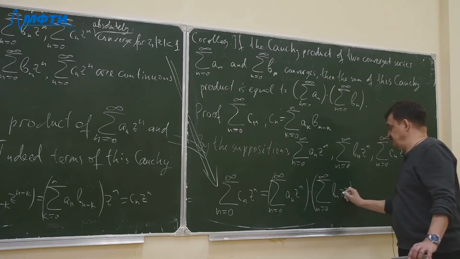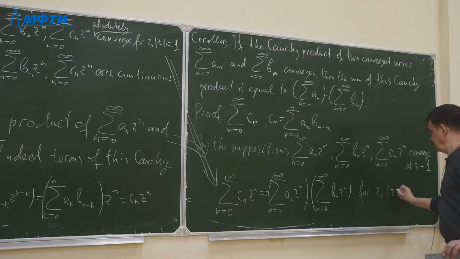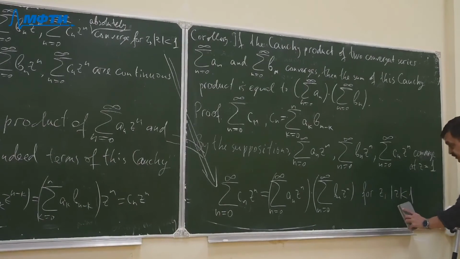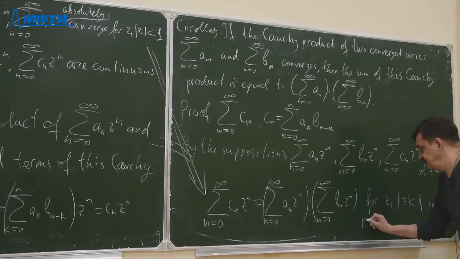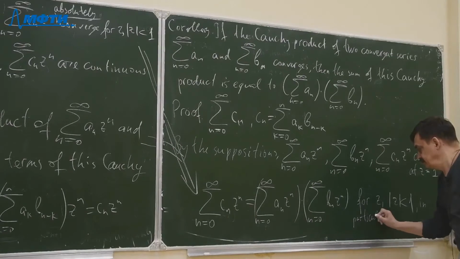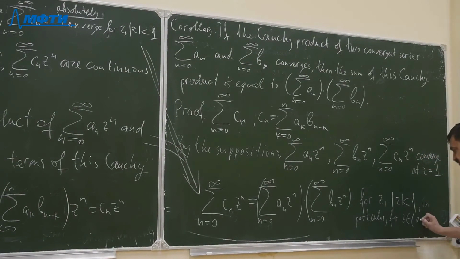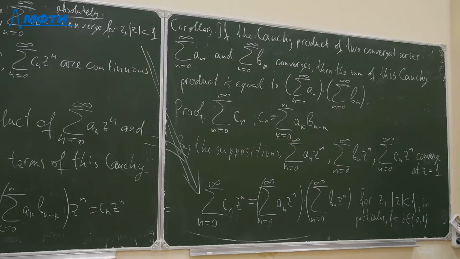For which values of z? For modulus of z strictly less than 1. And in particular for z in the interval (0, 1). Of course 0 can be included, but it doesn't matter.